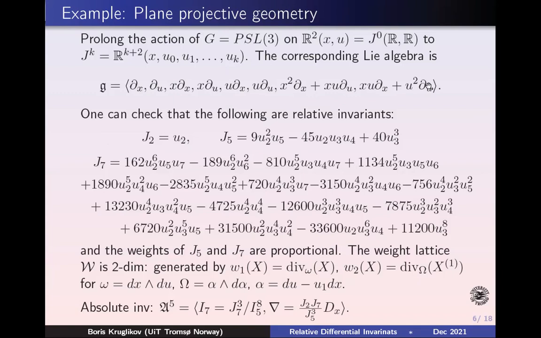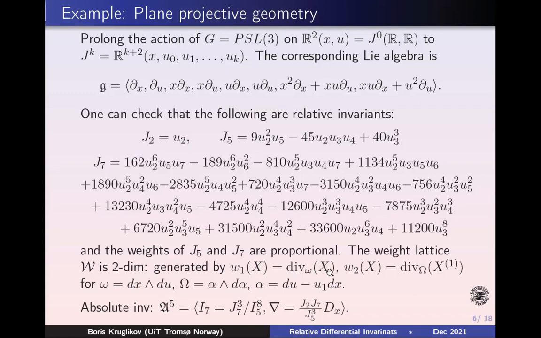And I will need to actually prolong them to fields on J1, J2, and higher. Actually, to compute those weights, it's enough for me to have the first prolongation. Well, the first weight is actually determined by no prolongation at all. Take a vector field from this algebra, a general vector field, and I compute the divergence on the plane with respect to the area form, dx du.